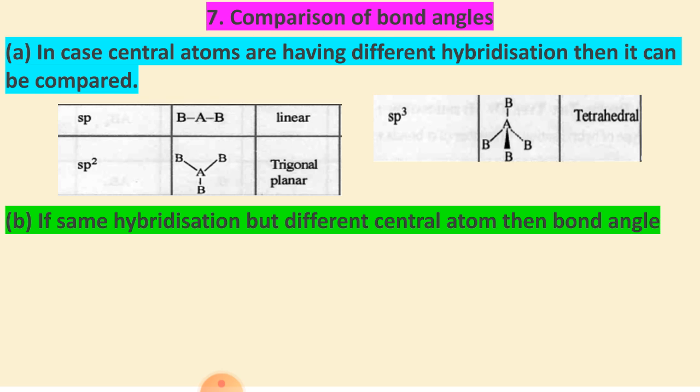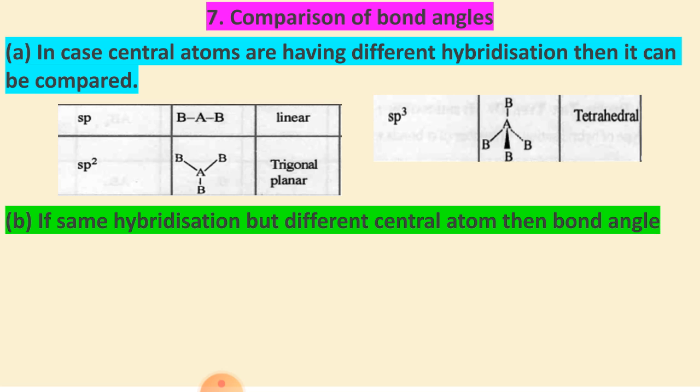In that condition, the more the percentage s character, the more will be the bond angle. So sp has 50% s character. So that's why its shape is linear and the bond angle is 180. In sp2 the percentage s character is 33%. So that's why the shape of sp2 is trigonal planar and the angle is 120 degrees.